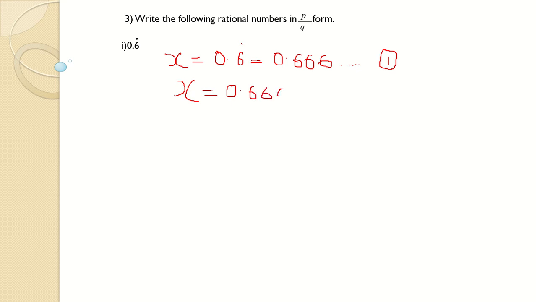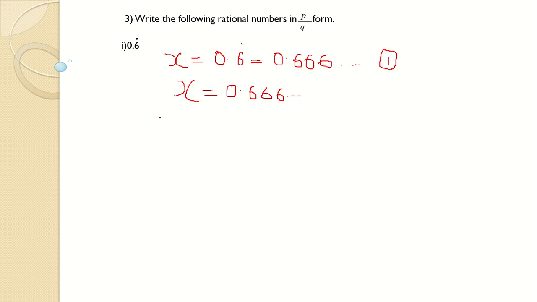When I show it later, I have not added this step. Shift the decimal point by one place. We are multiplying both sides by 10 because after the decimal point there is just one number, 6. If there were two numbers, then you would multiply by 100. If there were 3 numbers, then you would multiply by 1000.